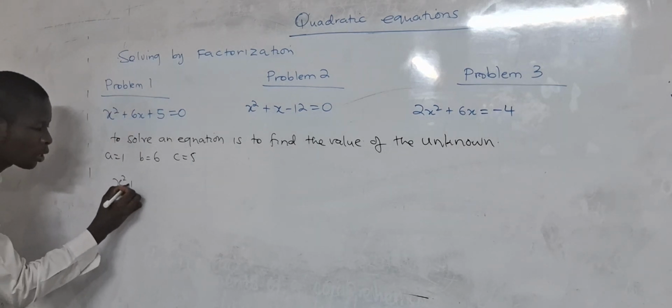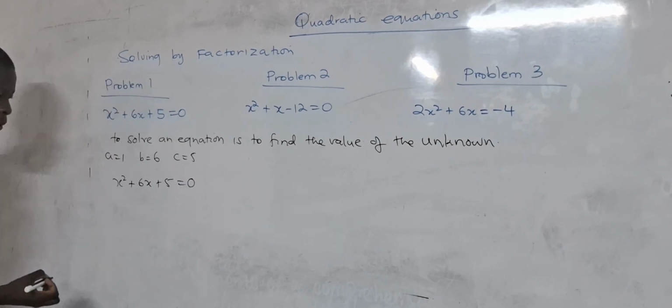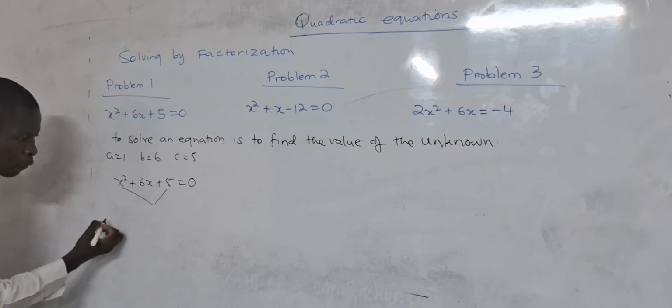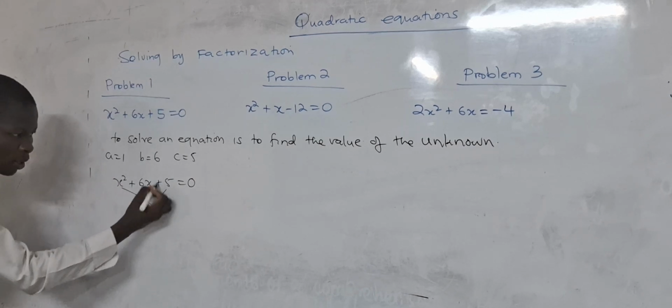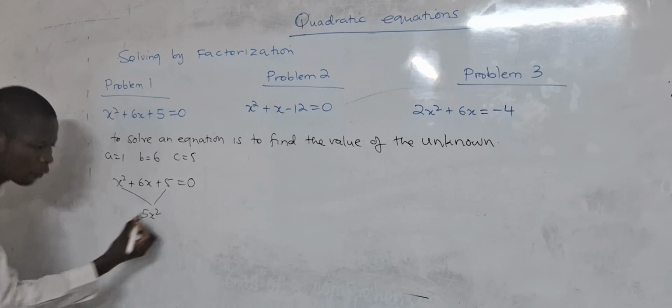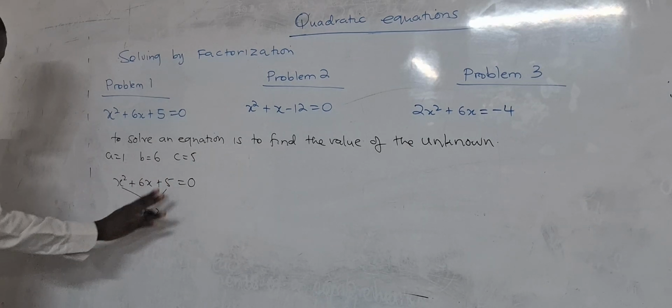This is x squared plus 6x plus 5 is equal to 0. So you multiply x squared and 5. x squared times 5, what are you going to get? You are going to get 5x squared. This is the first step.